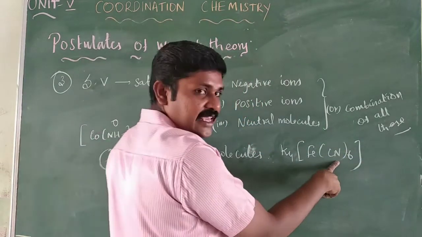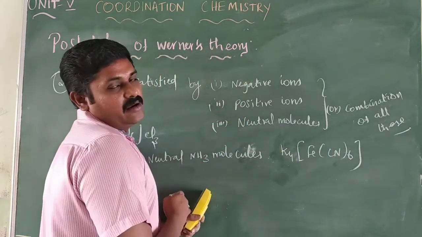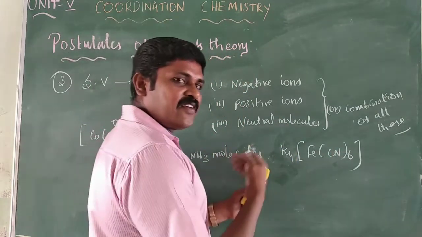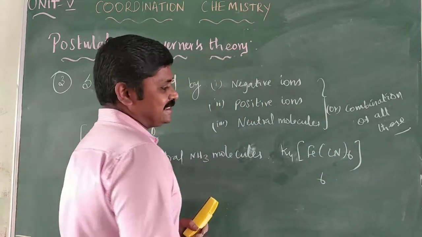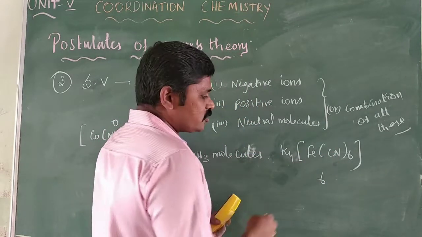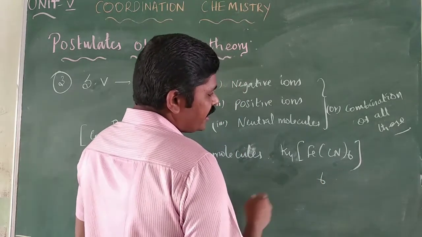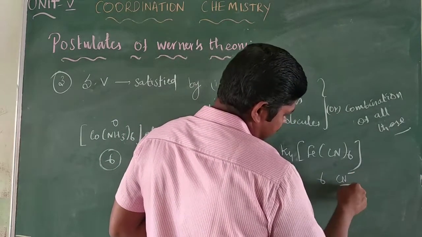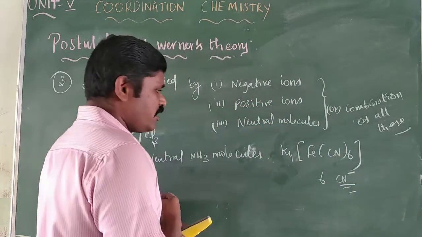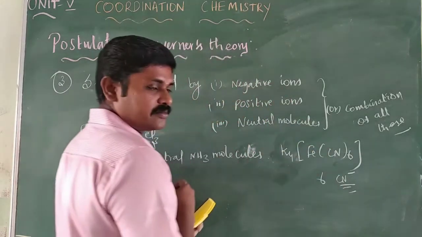The secondary valency, referred to as the coordination number, is 6 in this complex, and it is satisfied by 6 cyanide ions. So it is satisfied by negative ions.